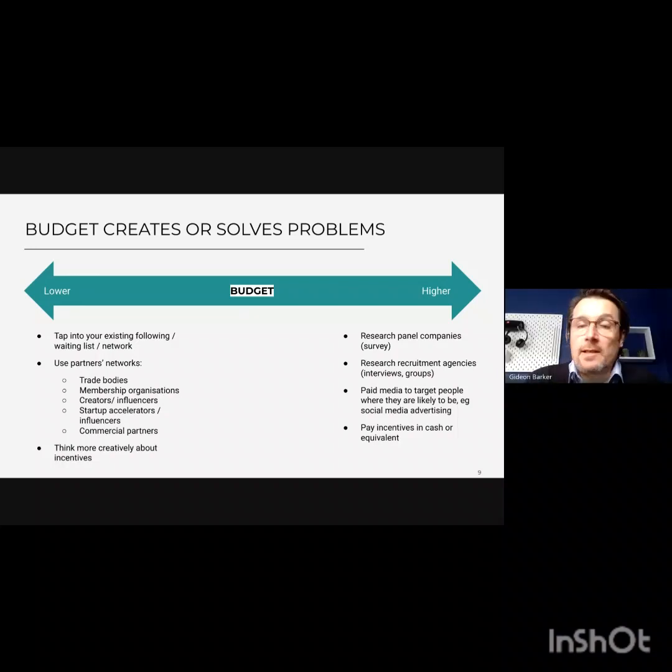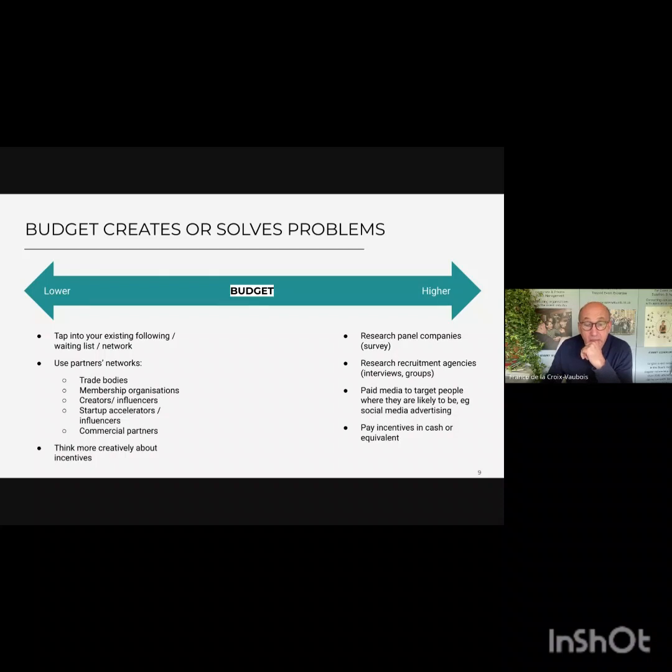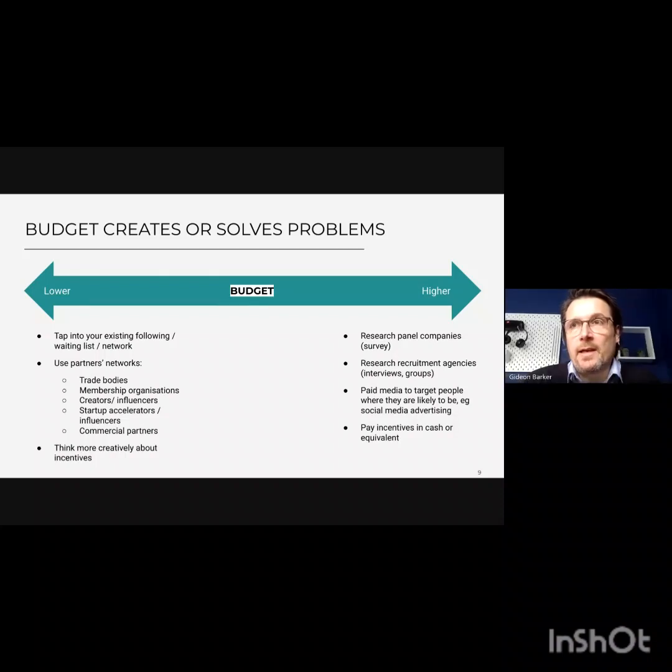Yeah, it's an interesting question. I think that controlling the quality of the people that are coming through your survey is slightly off topic, but I don't mind answering that now. I think there are definitely ways of identifying people who are poor quality. They may have filled in the questionnaire too quickly.